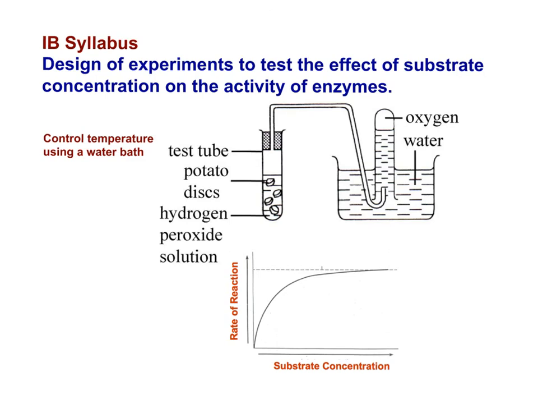Experiments could be run where varying amounts of hydrogen peroxide, the substrate, are used to determine the effect of varying the amount of substrate on the rate of reaction. You can see the theoretical curve for this experiment right here. The reaction rate increases with added substrate until all the enzymes are engaged, and then no further increase in the substrate will change the reaction rate.